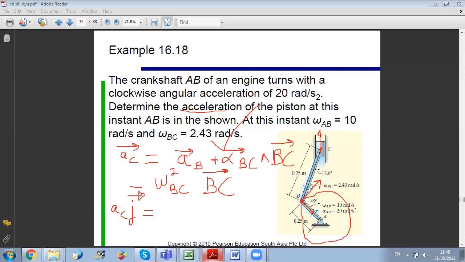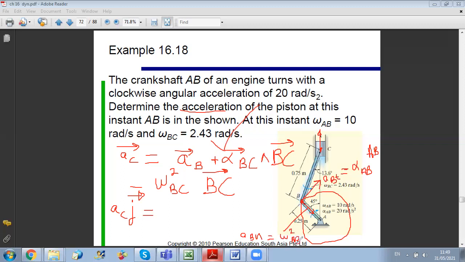Okay? You know that in the circular motion, the tangential component, this is AB tangential, will be equal to what? AB tangential is equal to alpha AB times the radius, which is AB, while AB normal is omega square AB times the radius.